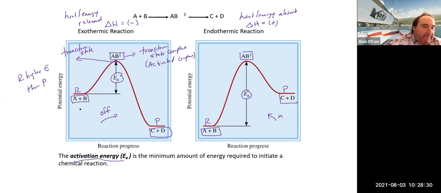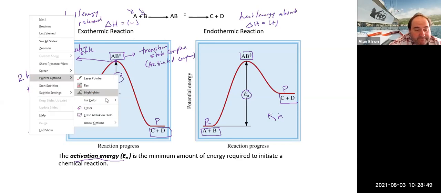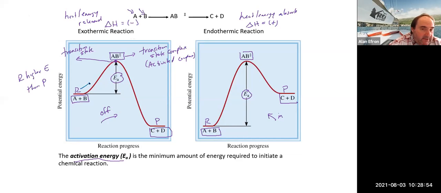So what is happening at that point? Well, in order for A and B to make C and D, all of the bonds on A and B need to start breaking, and they need to start making new bonds. So as these guys are crawling up the hill in terms of energy, we have our reactants that are starting to break bonds, but at the same time, they're starting to make some bonds.